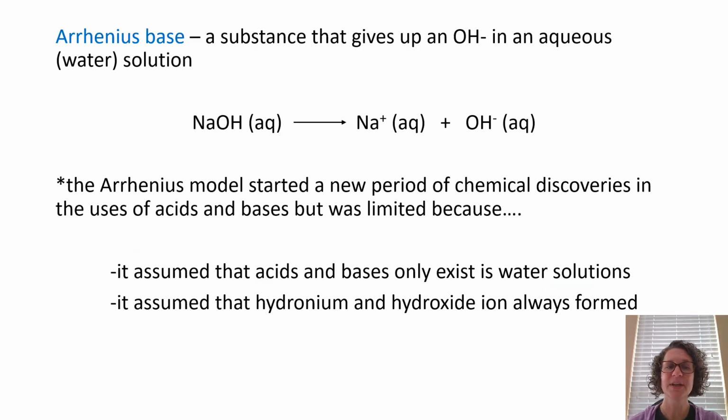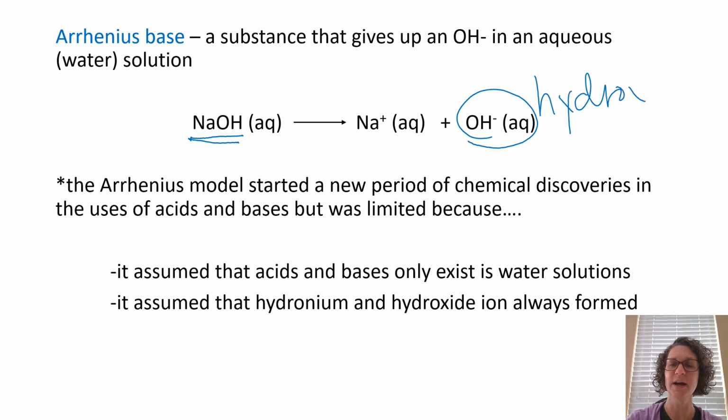Now he also did some stuff with bases, and he said a base is any substance that gives up an OH in a water solution. So in this case, here's our base, NaOH, and it will ionize itself, and you will end up with this hydroxide. And the presence of this hydroxide tells you that there is a base present.